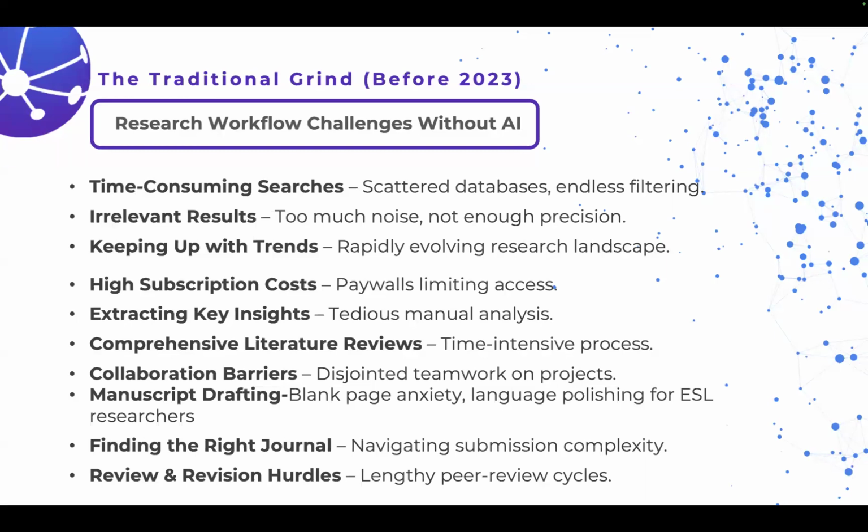Most researchers, especially the juniors, only know the top journals in their own field, but how about those cross-disciplinary opportunities? They're always missing that part. And also the review process after you submit, and the peer review always comes back. You need to change this, change that. It's a back and forth process that takes long and long.